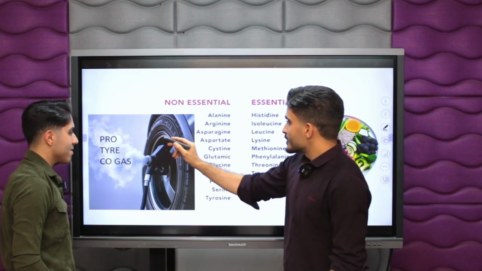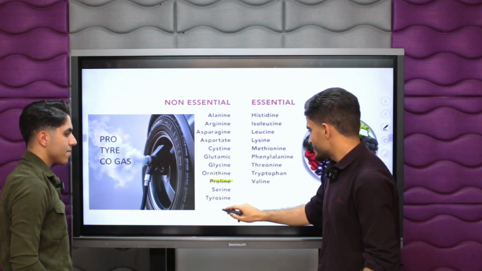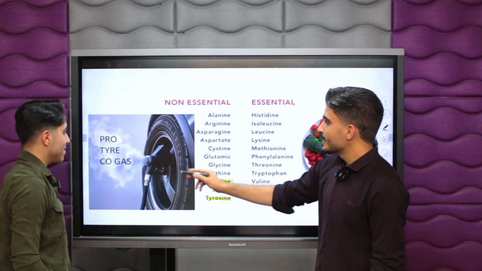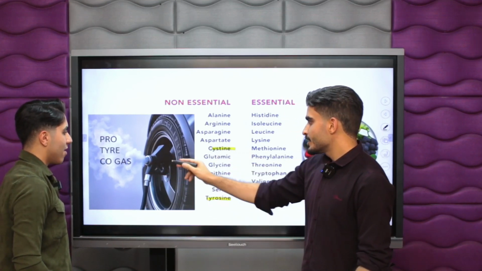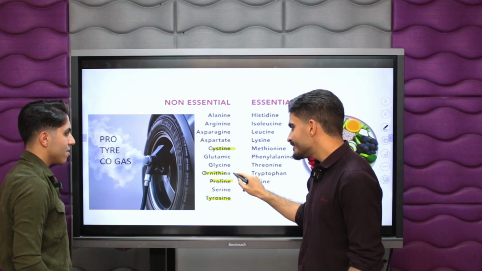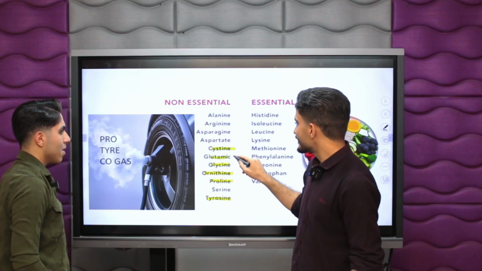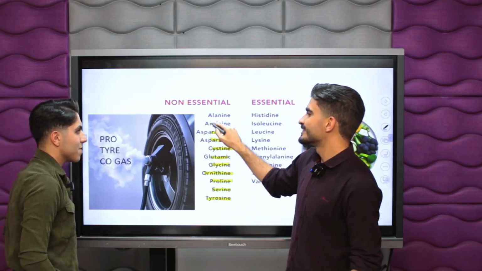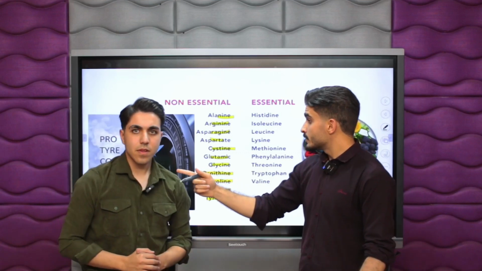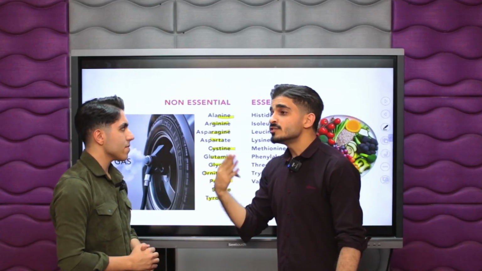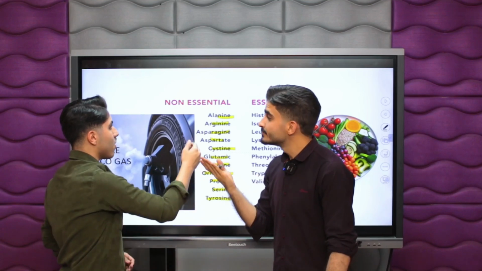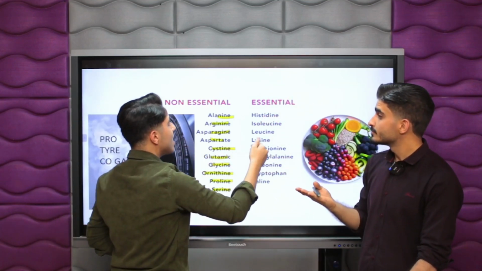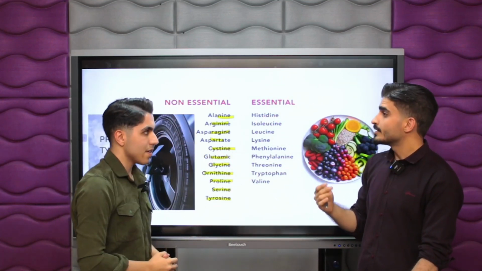Exactly. Tyre refers to tyrosine. Great. C is for cysteine. That's right. O for ornithine. And so on. Exactly. Wait. How about the essential amino acids? Any other amino acid not found in this group is considered as an essential amino acid. Oh, okay.